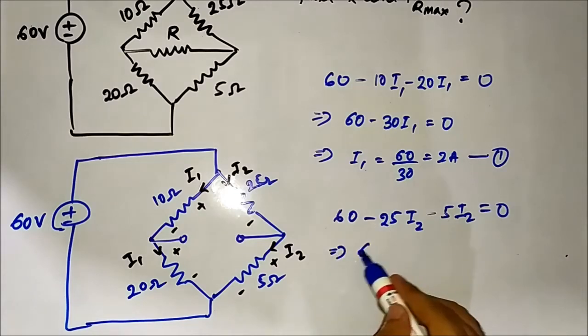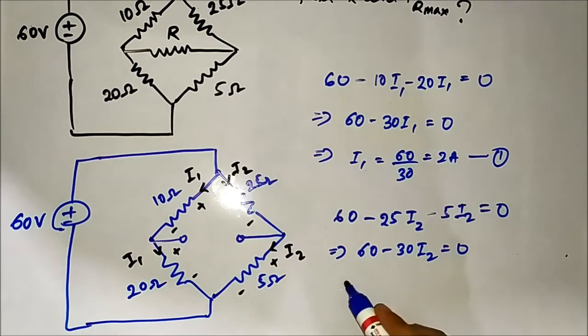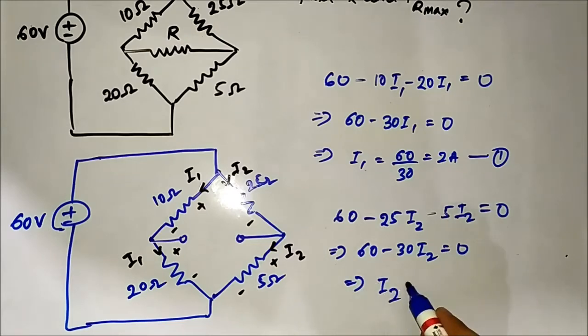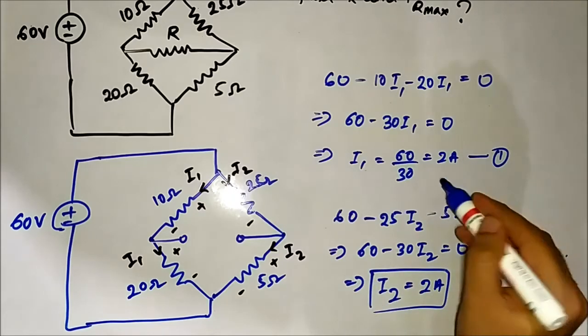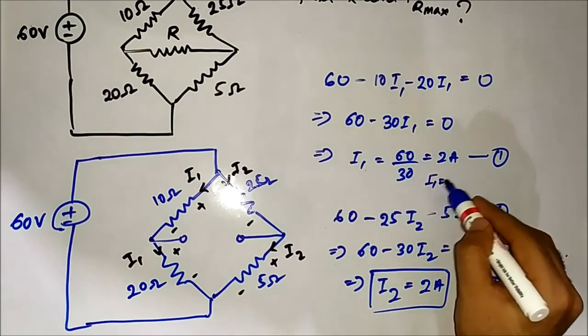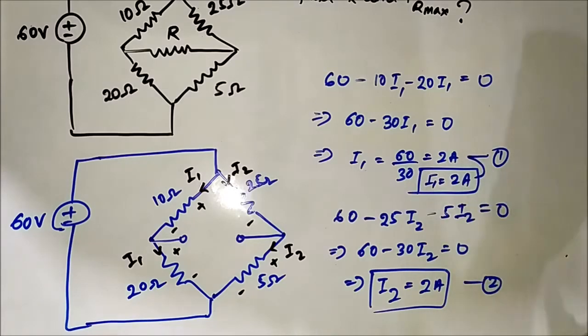That implies 60 minus 30 I2 is equal to 0. That implies here also I2 is equal to 60 by 30, 2 ampere. So I2 is equal to 2 ampere. This is the second equation. I1 is equal to 2 ampere and I2 is also equal to 2 ampere. Now we have got I1 and I2.